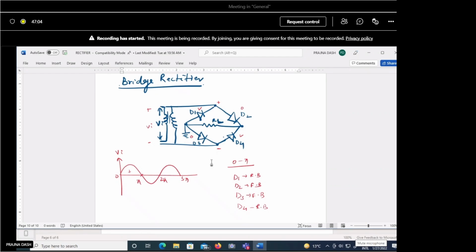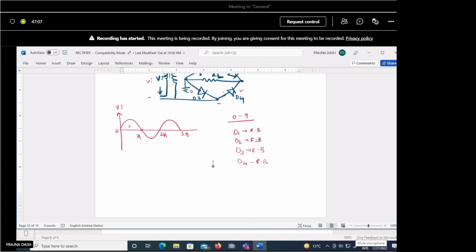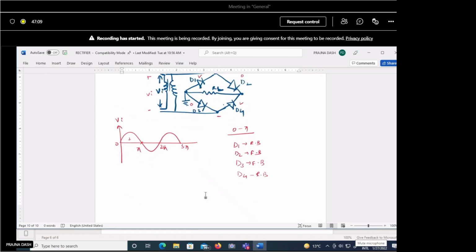So the circuit condition will be like this. This is D2, forward biased. Let's say this is the load RL. This path is reverse biased.